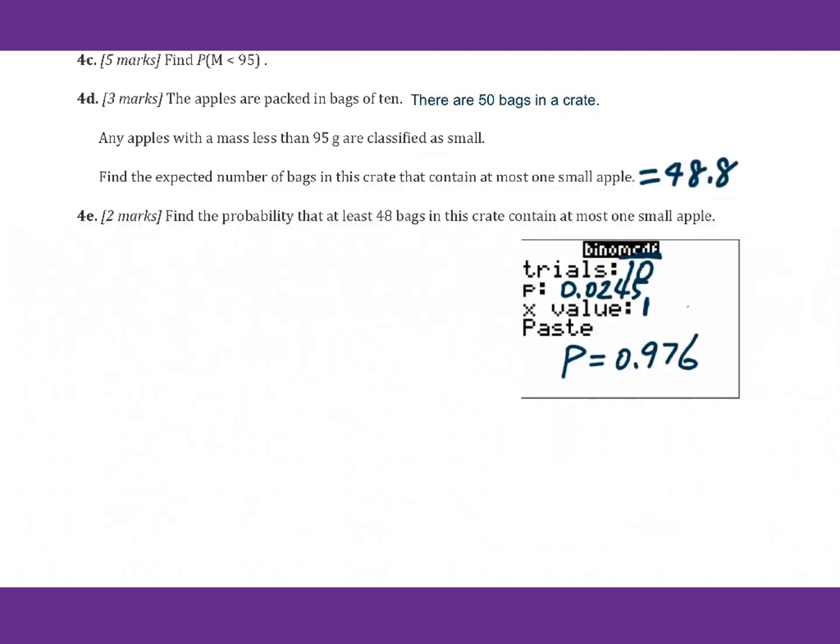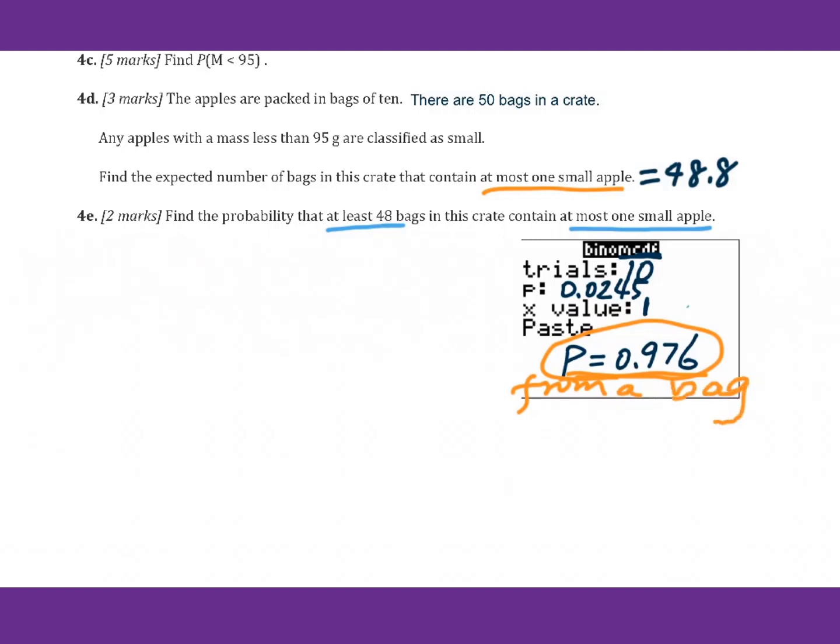Find the probability that at least 48 bags in this crate contain at most one small apple. We already figured out the probability for one bag, at most one small apple from a bag.